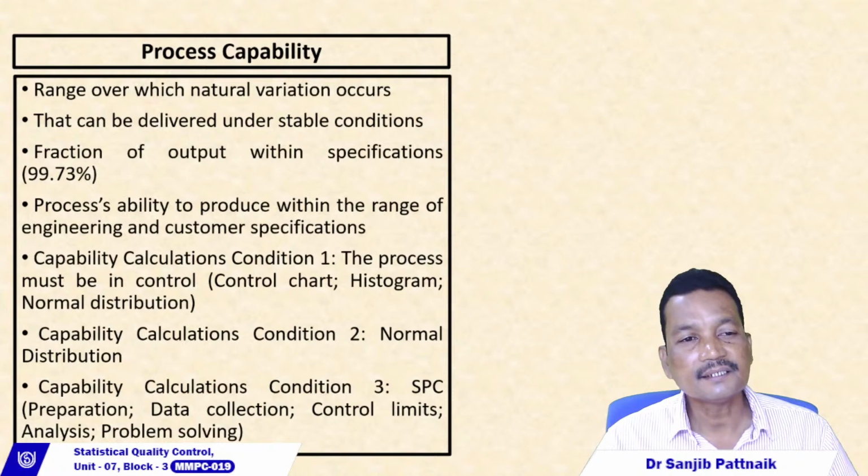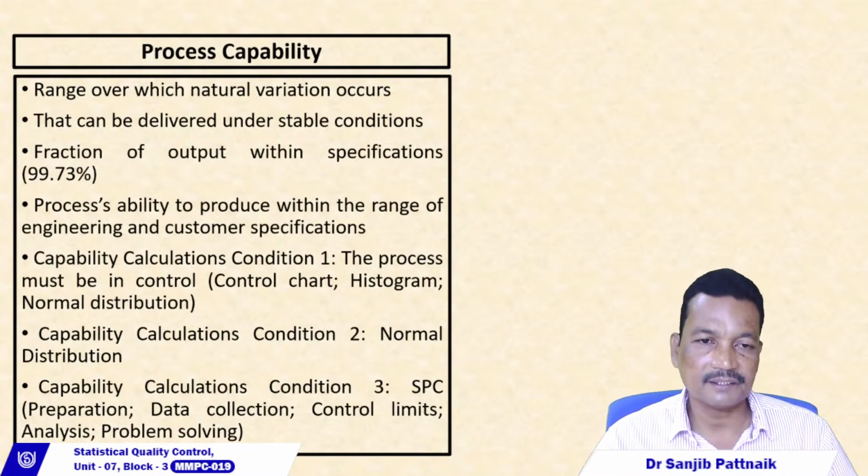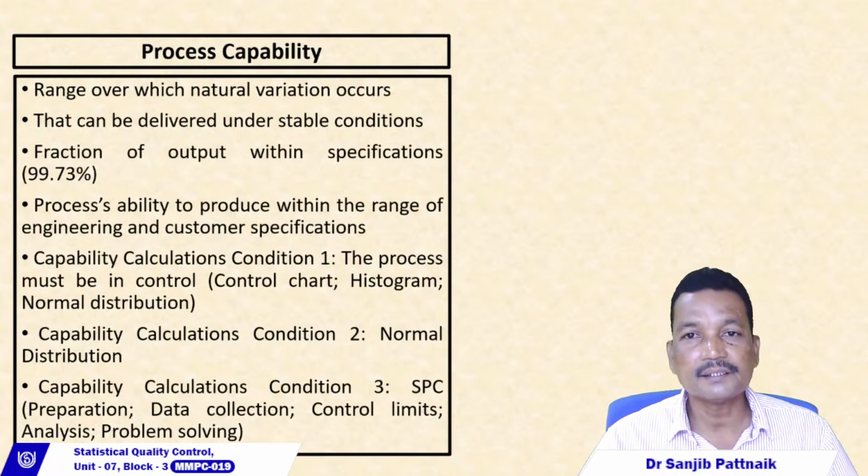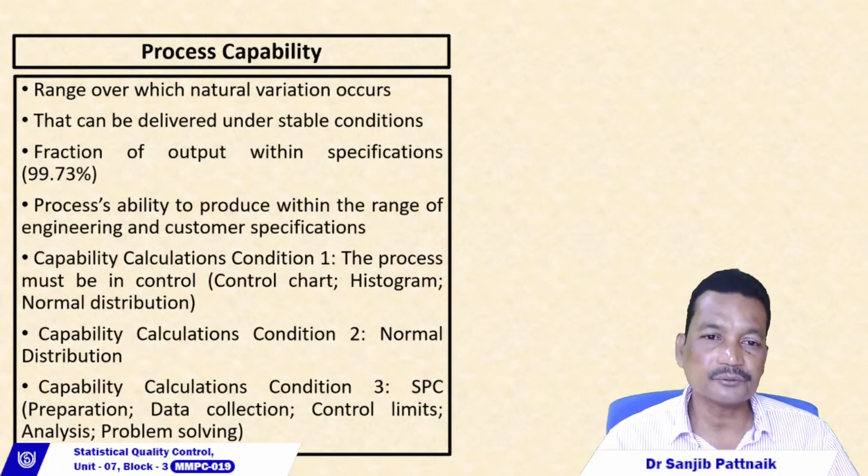So here we say it is the process ability to produce within the range of engineering and customer specification. So whatever is required by customers and also feasible according to engineering part, whether the process is able to produce it. What is the range allowed to the process to produce?